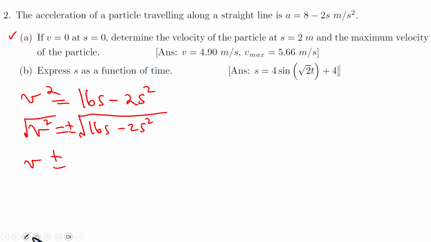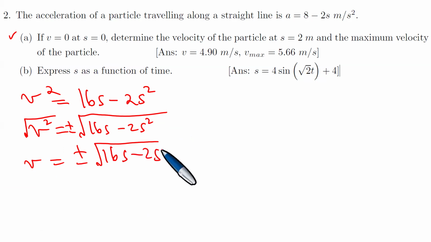So the velocity is plus or minus the square root of 16s minus 2s squared. But we want to get its maximum velocity. So this is quadratic, and you can analyze that.